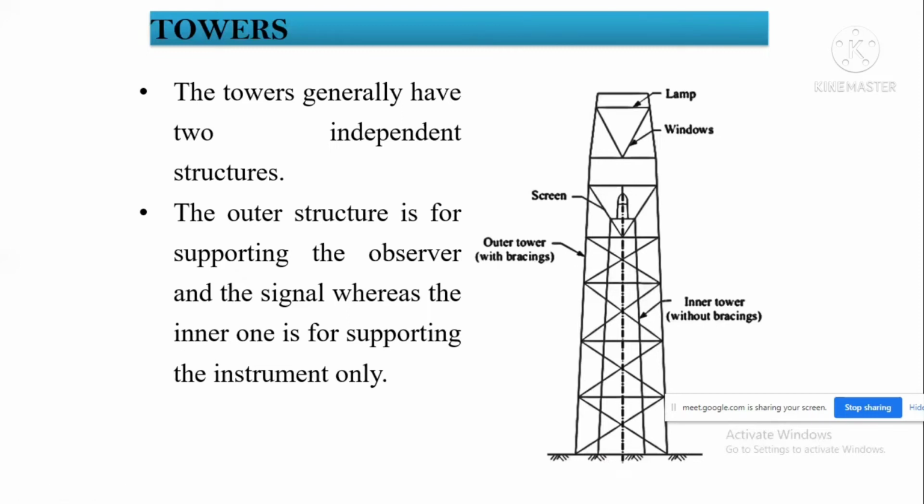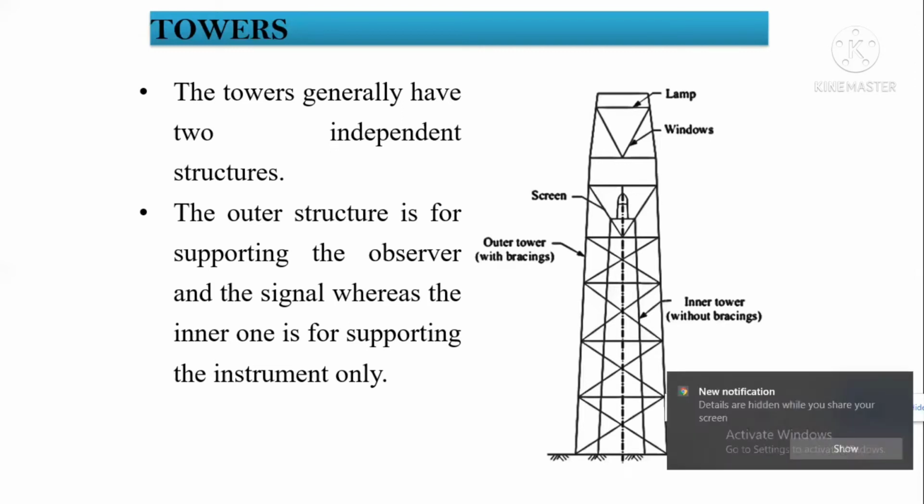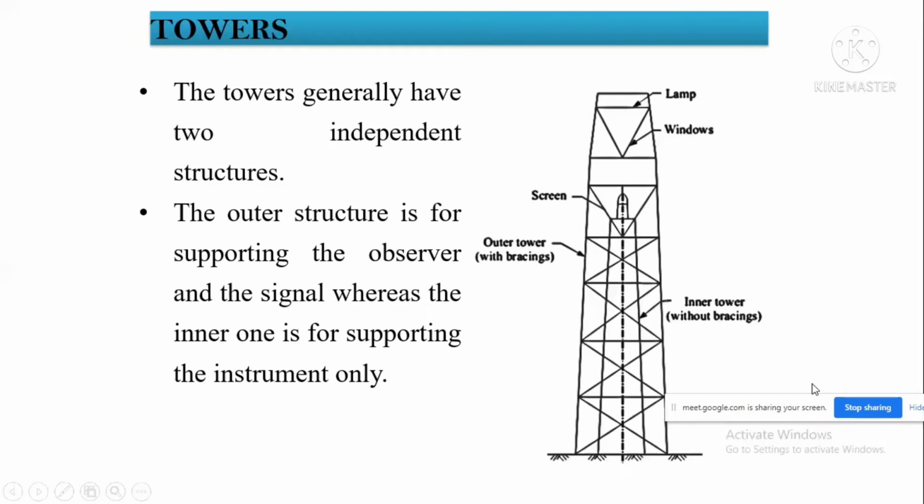After placing the instrument and signal, you can carry out your work, that is, making the stations intervisible. After completing, you can dismantle it and take it to the second site where further work is required. That is regarding your tower.